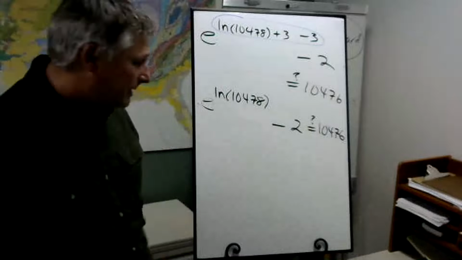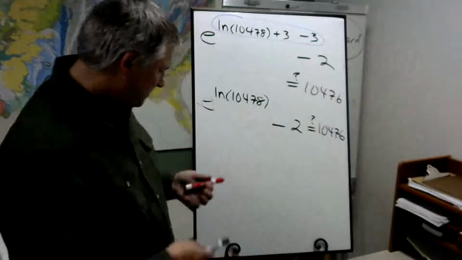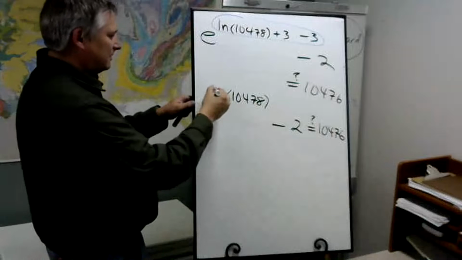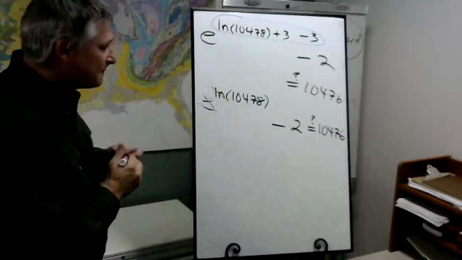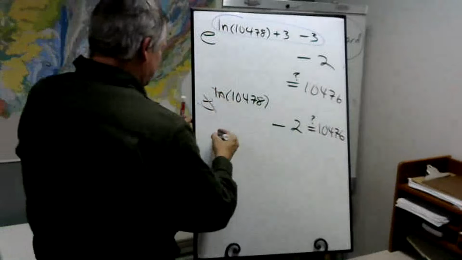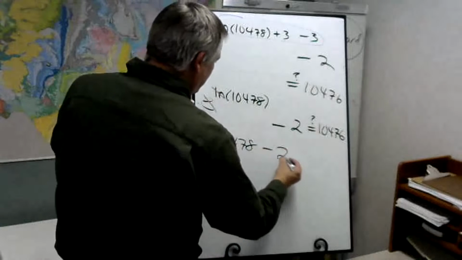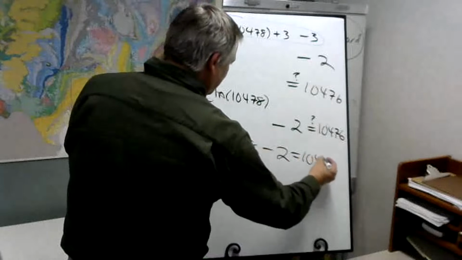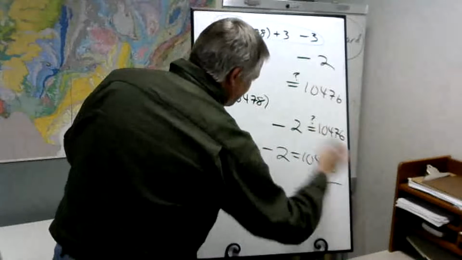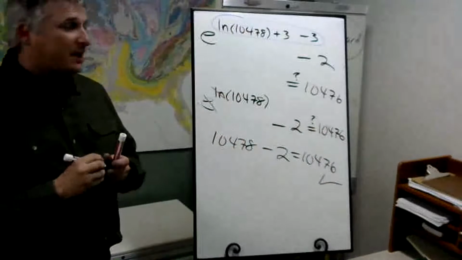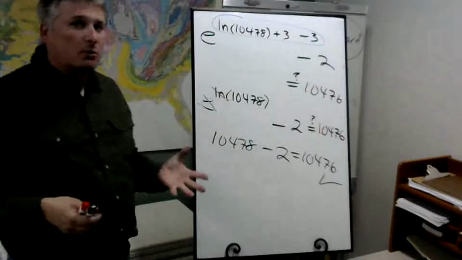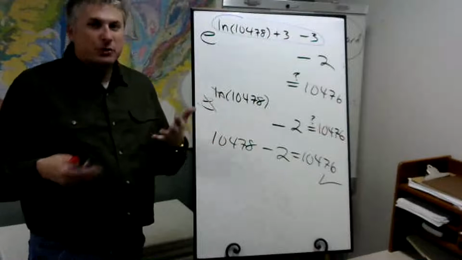Again, they have the same base. So as a result, those go away, leaving 10,478, subtracting 2, and sure enough, that equals 10,476. So it does check. Anyway, just wanted to go through that one, just one of the more tricky ones to check.